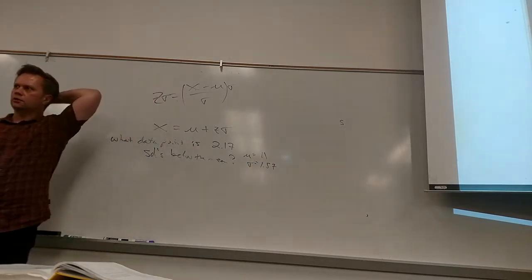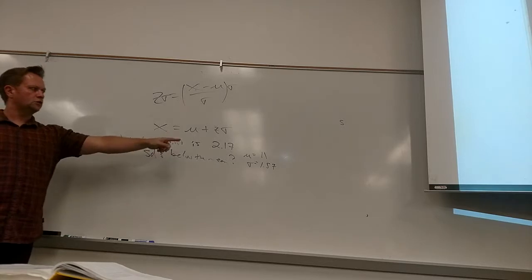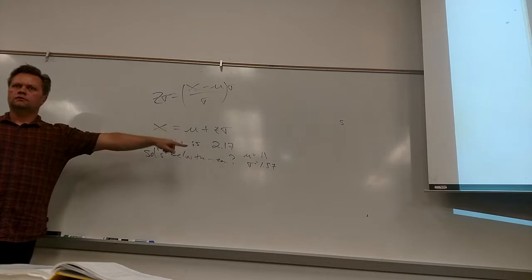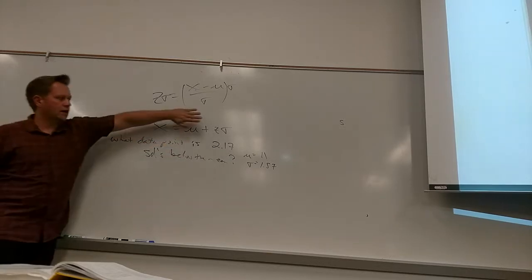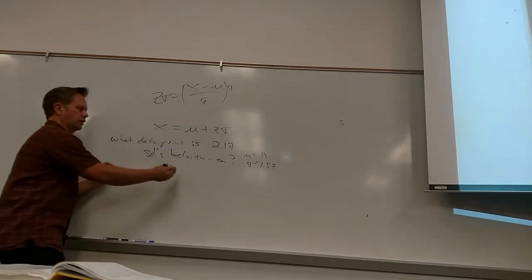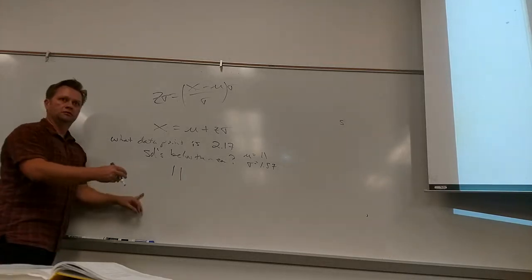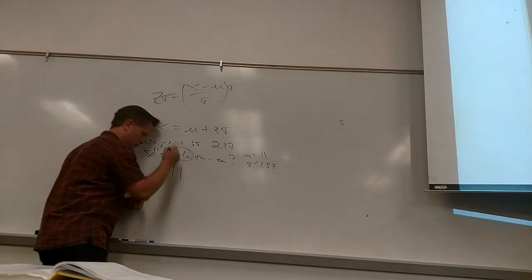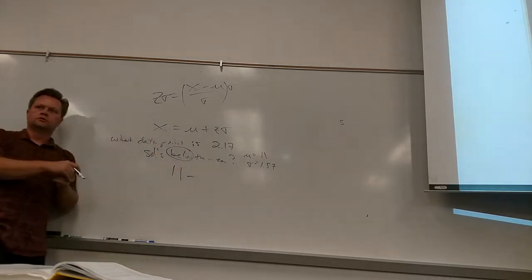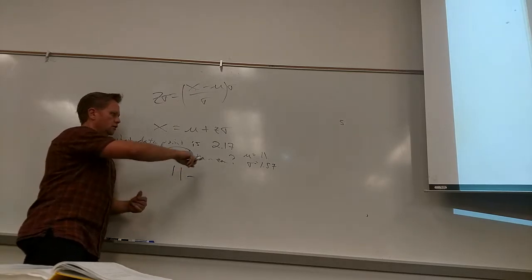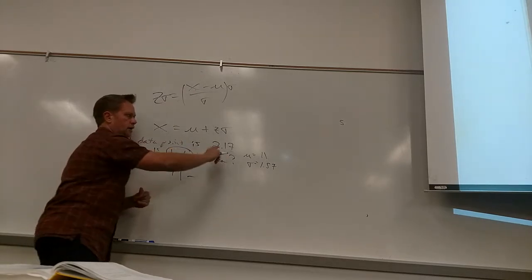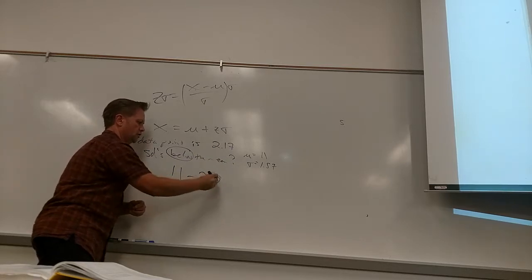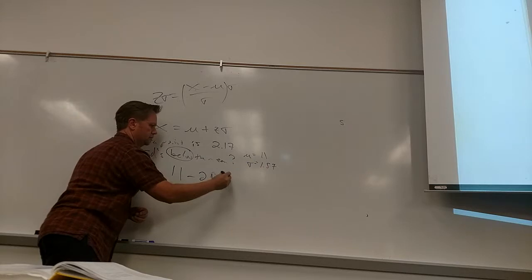Even without knowing this crazy formula, I'd go, okay, start at 11, and do I go up or down? Down. That's a trick question. Yeah, below, you go down. Minus 2.17 standard deviations. 2.17 of these.